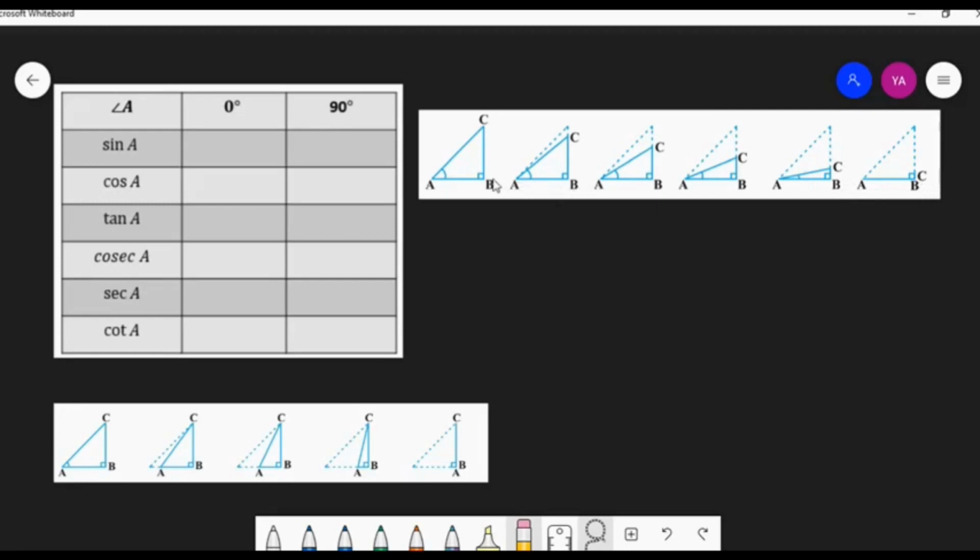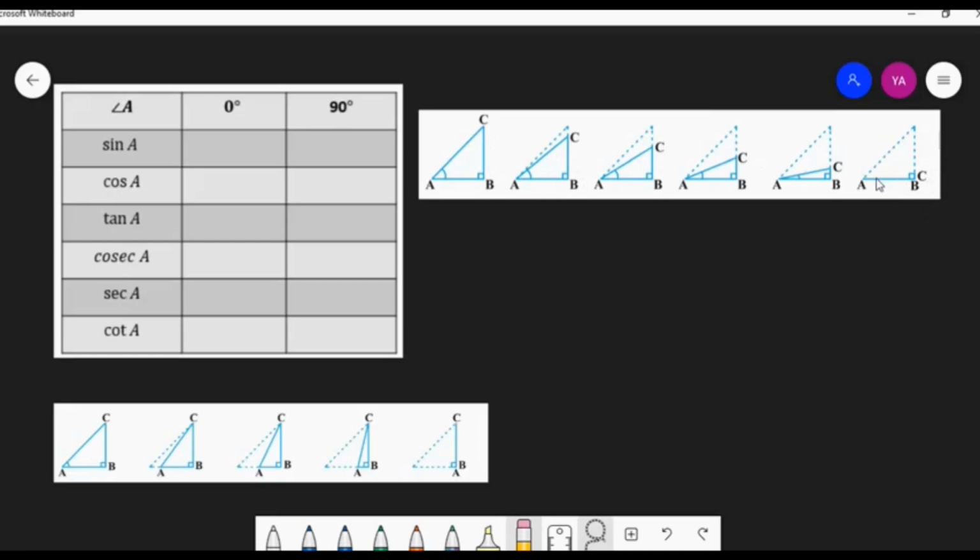In other terms, when angle A was decreasing, the length of BC was also decreasing, and finally when A becomes 0, the length of BC also becomes 0. This is just some imagination.